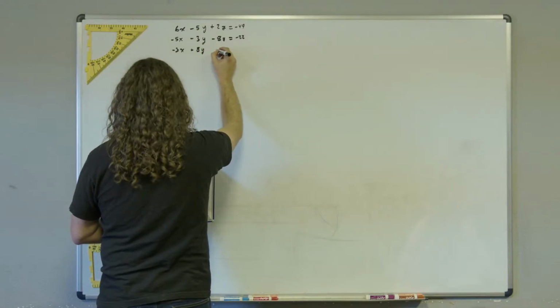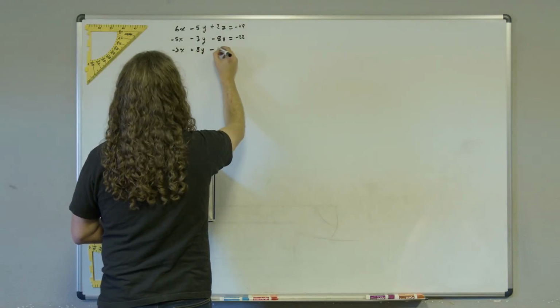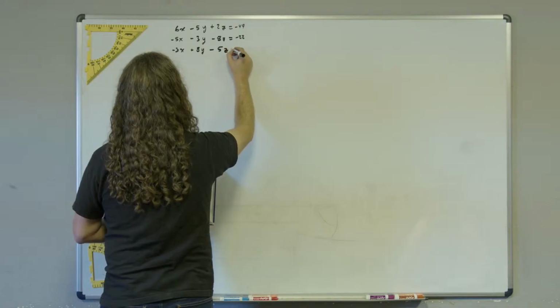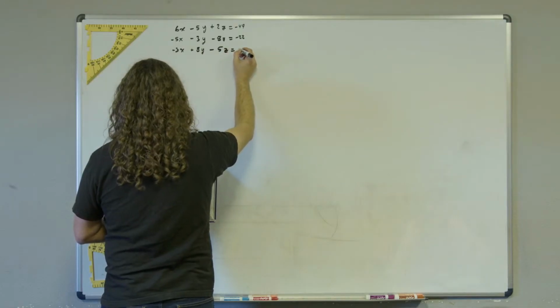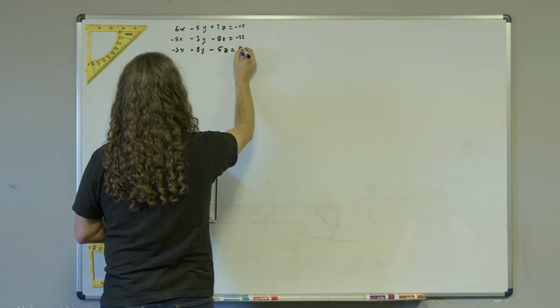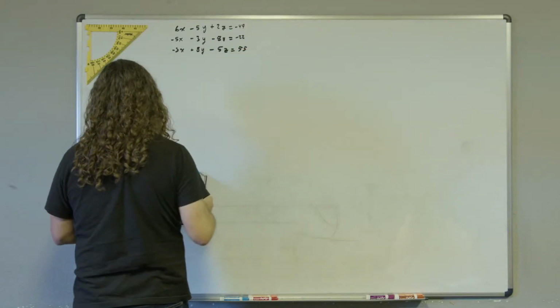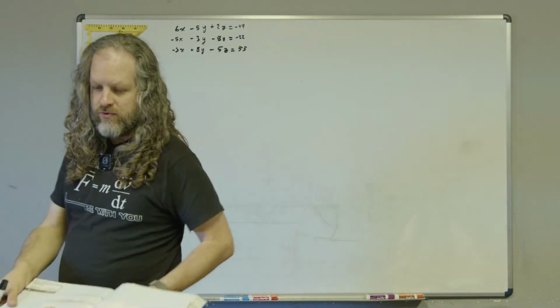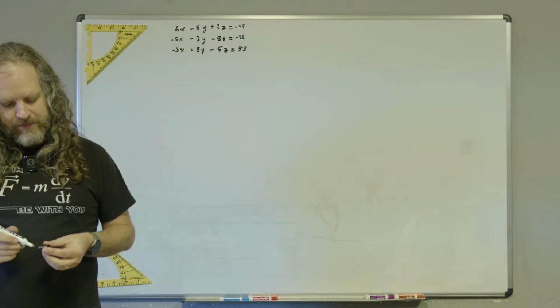What number is this? Number 20. And we are asked to use Cramer's rule to solve the system.